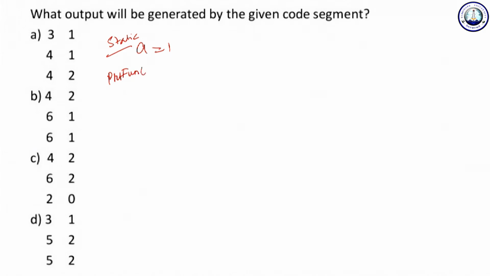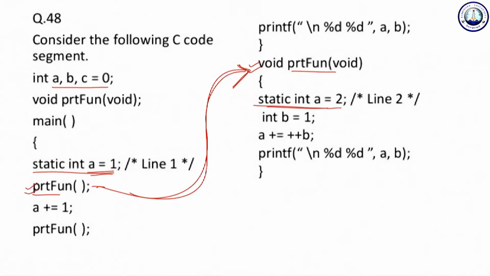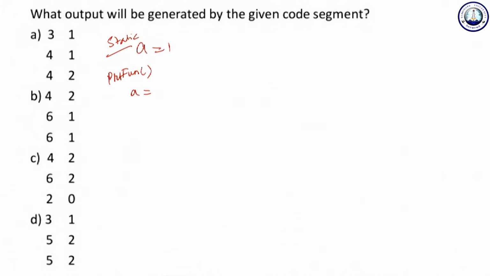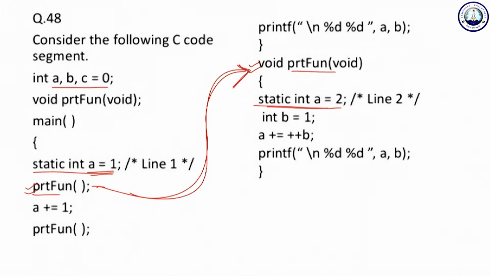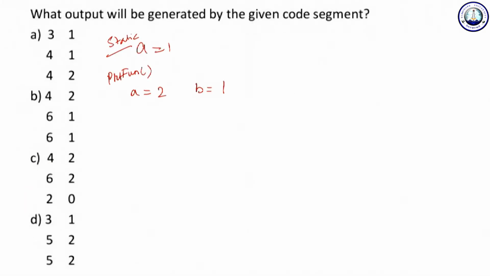So, what happens? Within the function, the value of A is equal to 2 and the value of B is equal to 1, it is declared.